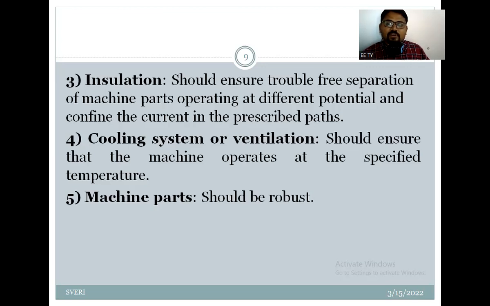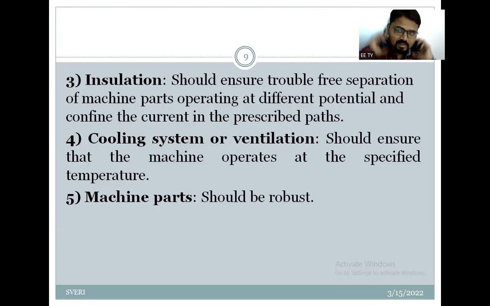There are different parts in that particular machine, and there should be proper insulation to each and every part, so that whatever design you select will be correct. If insulation is not proper, then there is no use of that particular machine.